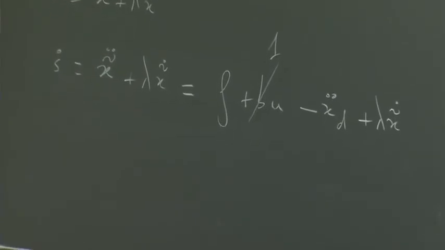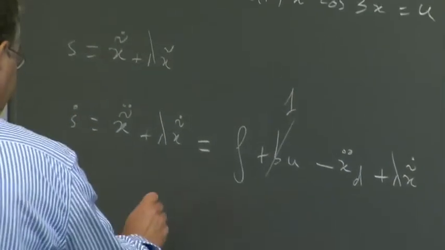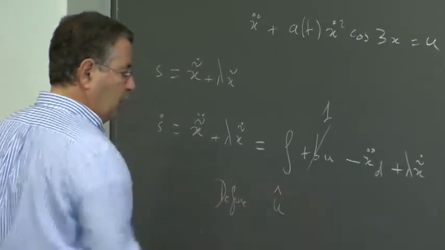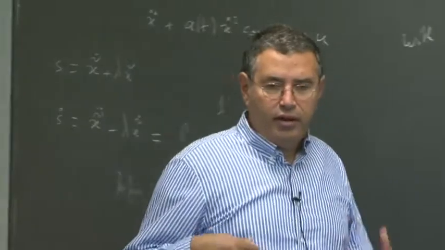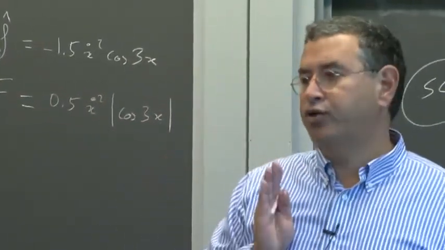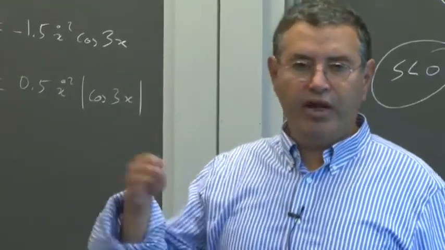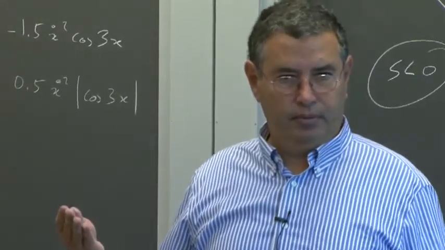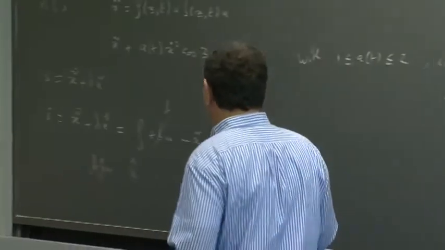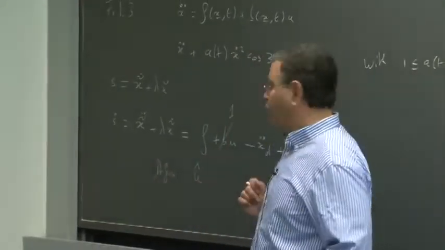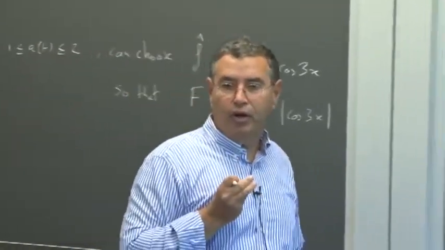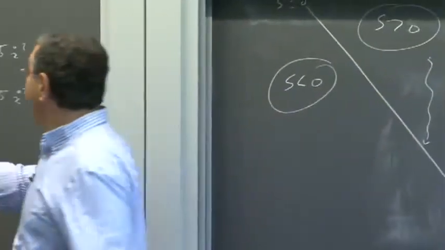So let's define u hat. u hat is the choice of control law that would make S dot equal 0 if we happen to know the dynamics F exactly.